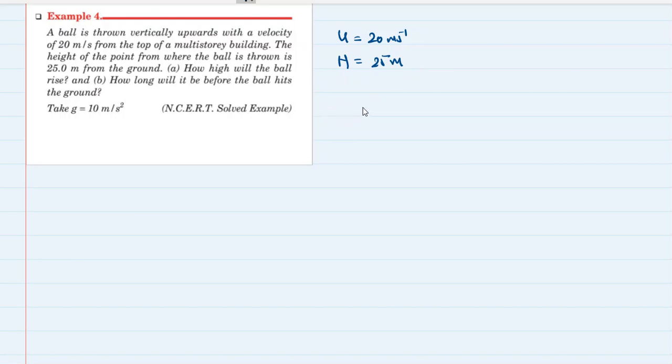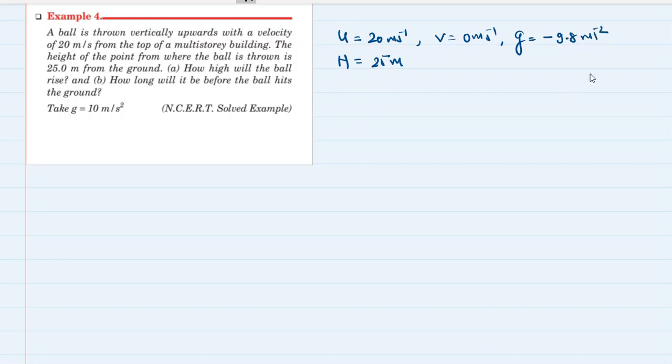How high will the ball rise? We can find out. When the ball goes up, the final velocity becomes 0 meter per second, and the acceleration due to gravity is minus 9.8 meter per second square.